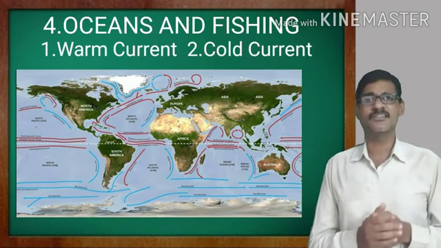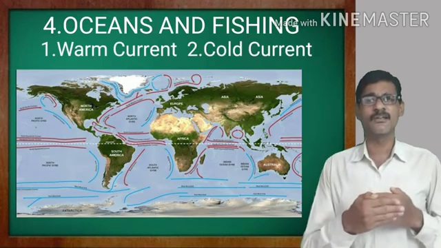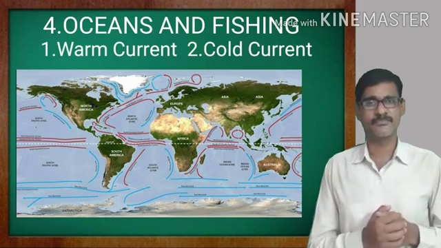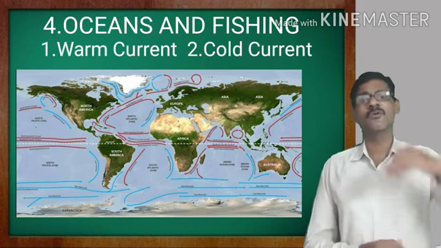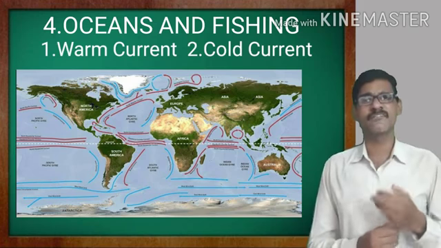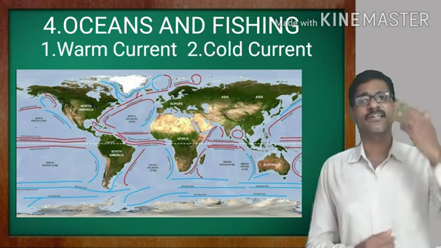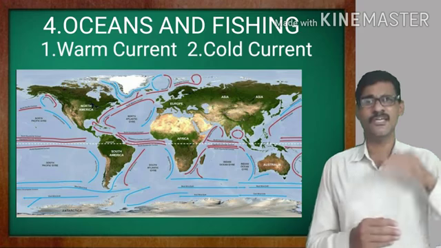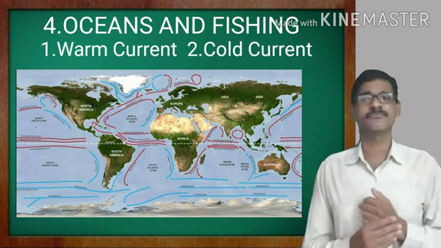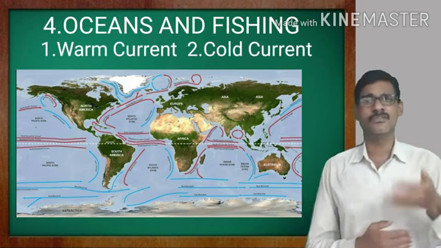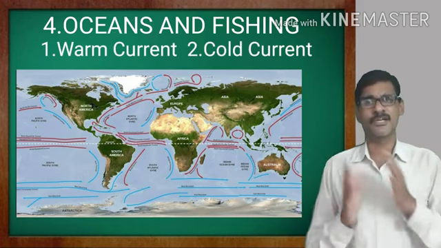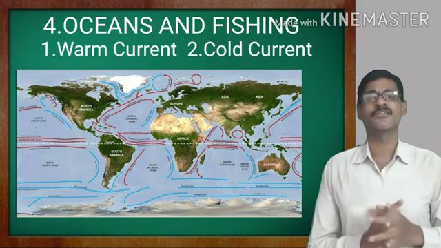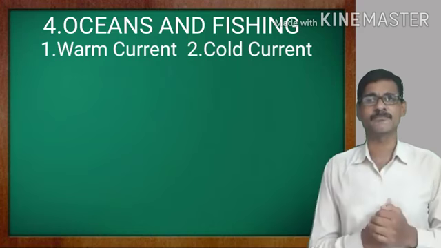The currents flowing from the equatorial region to the polar region are called warm currents. And the cold currents: the polar regions are very cold, so the water there moves from the polar regions towards the equatorial regions. They are called cold currents. Due to warm currents and cold currents, we have so many benefits.